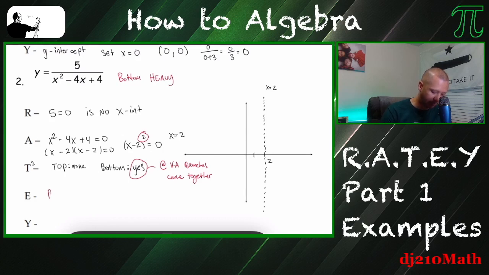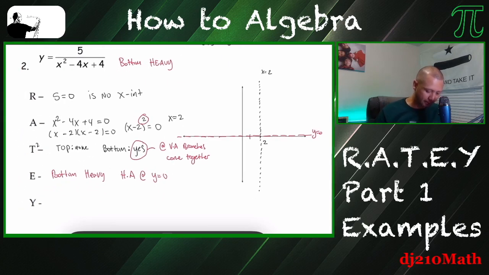I could have written that down here. This is bottom heavy. And right away, when we have a bottom heavy situation, the horizontal asymptote is at y equals 0 every time. So y equals 0. That means that towards infinity, the branches will approach y equals 0, but it'll never cross.